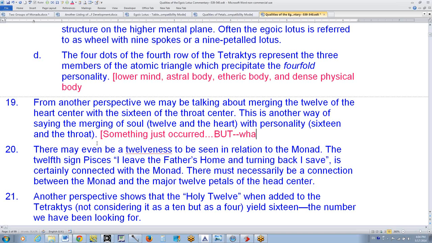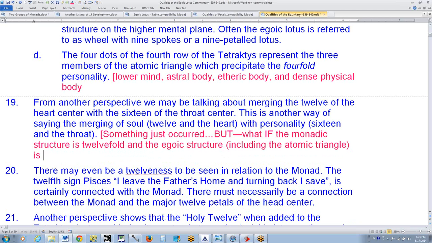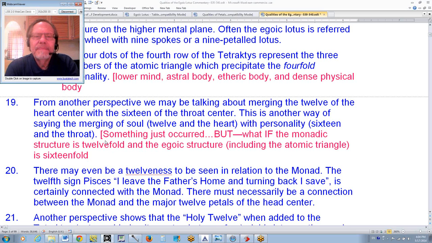But what if the monadic structure is 12-fold, and the egoic structure, including the atomic triangle, is 16-fold? Then we have another way of reaching the 22 with what we call the monad ego.